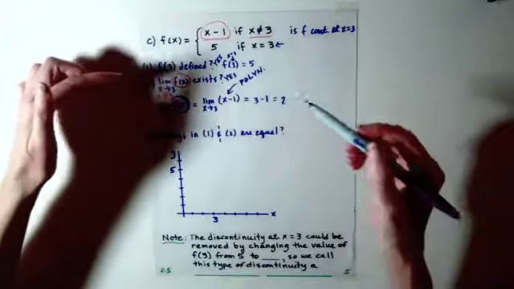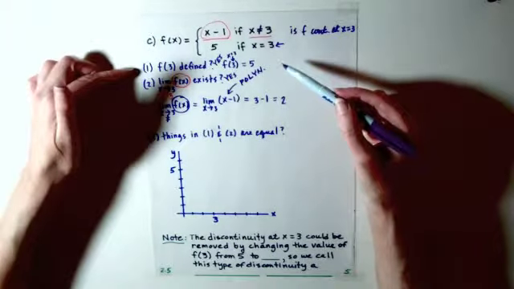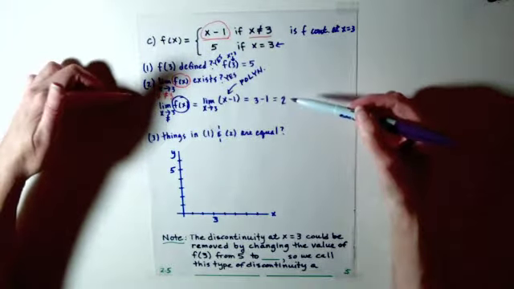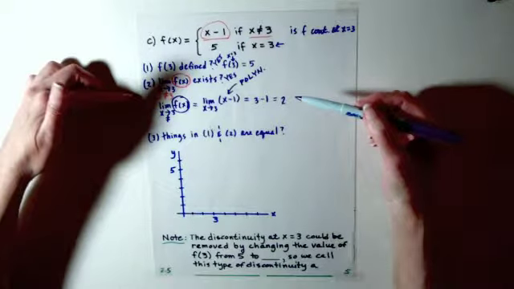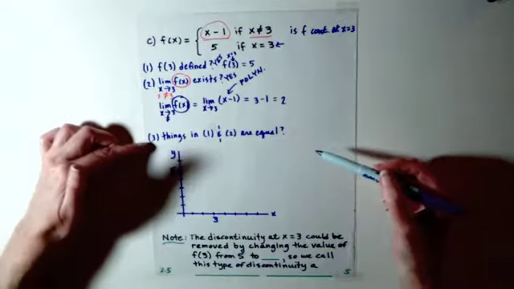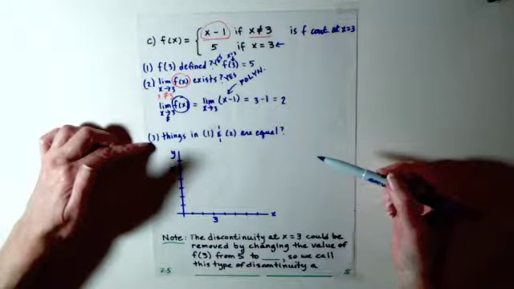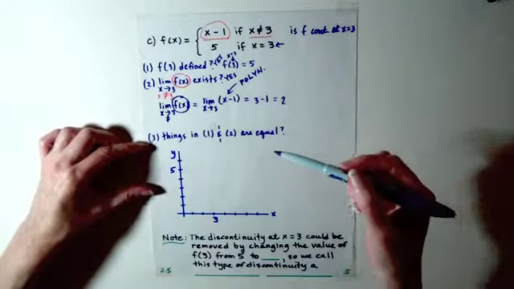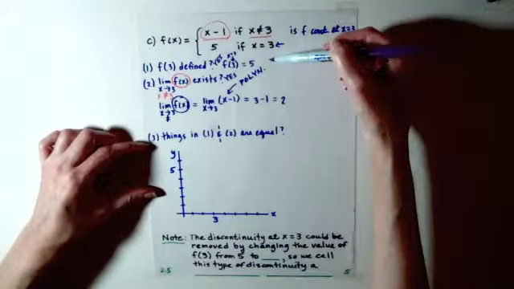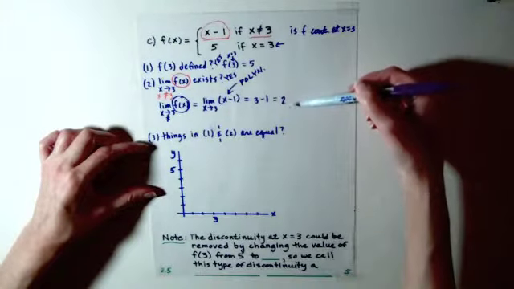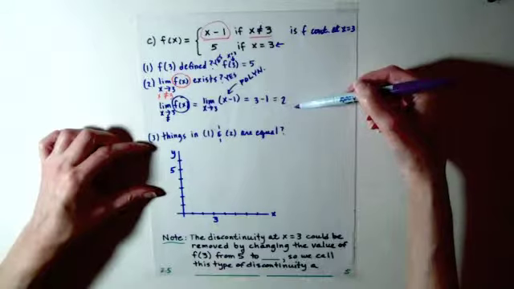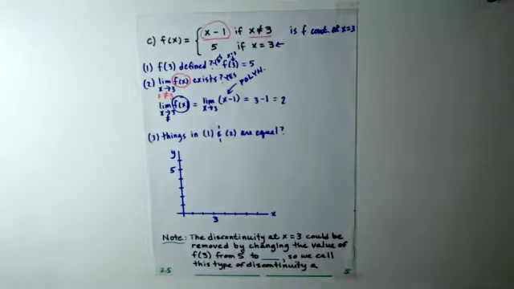This function satisfies condition 1, f of 3 is defined, and it satisfies condition 2, the limit as x approaches 3 of f of x exists. Now we just have to see if it satisfies condition 3 of our careful definition of continuity. And remember, condition 3 is that the number that we got in condition 1 and the number that we got in condition 2 have to be equal to each other.